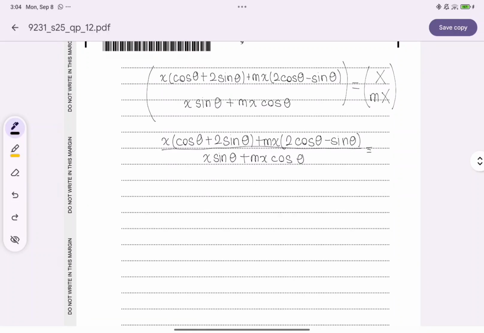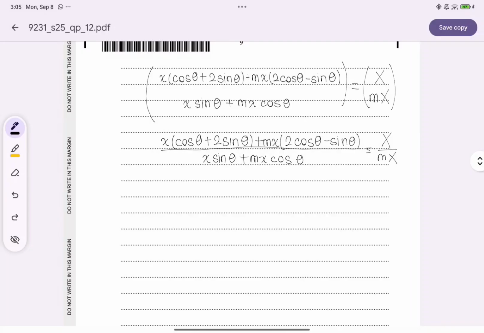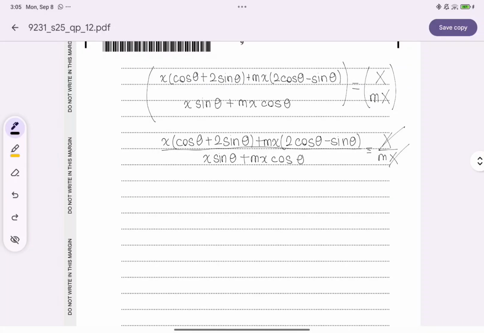And then let's do the same for the right hand side, so x over mx. As you can see, we can cancel out the x's, and we can also cancel out the x's here, like we factorize it out and we can cancel.